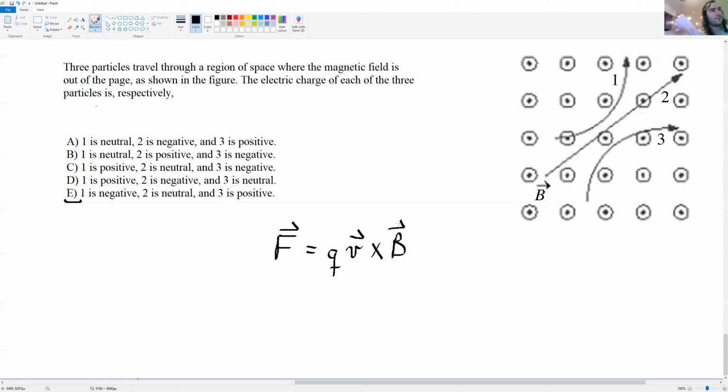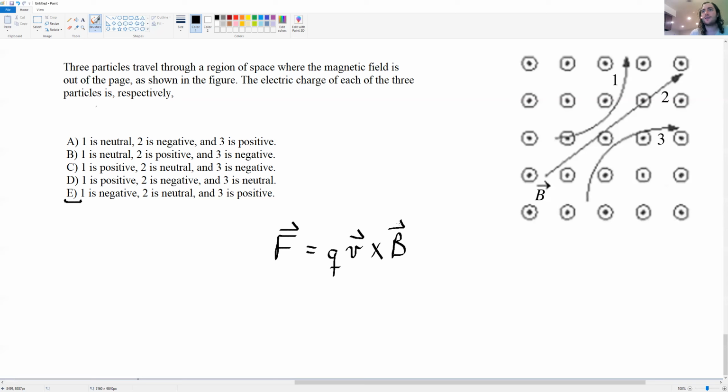Yeah, that looks like a positively charged particle there because it's going to undergo circular motion where the force is kind of pointing down and to the right at that instant there near the trajectory for particle 2.